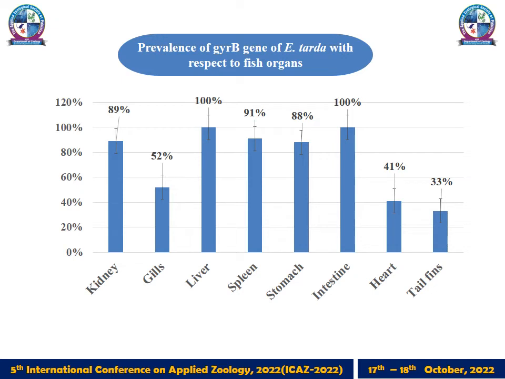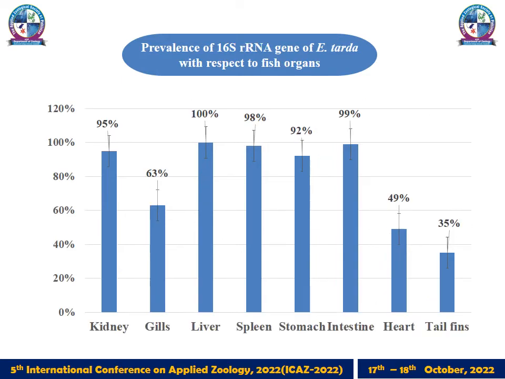This table shows the prevalence of the gyrB gene. Maximum was recorded in liver and intestine, 100%. And this shows prevalence of the 16S rRNA gene, which was recorded maximum in liver, that was 100%.